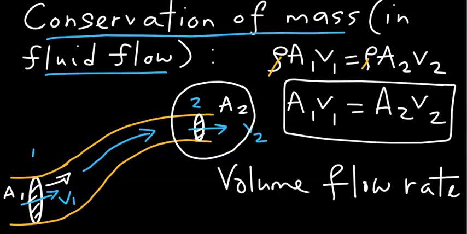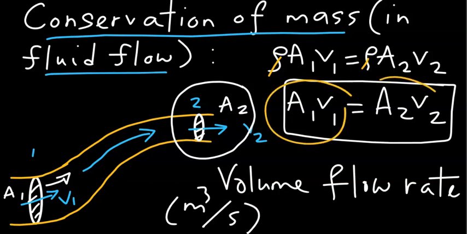The unit for volume flow rate is cubic meter per second. So the SI unit for this term and that term is cubic meter per second. It measures the volume of fluid that flows every second across a given cross-sectional area.